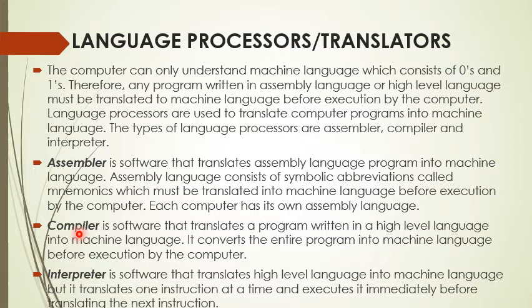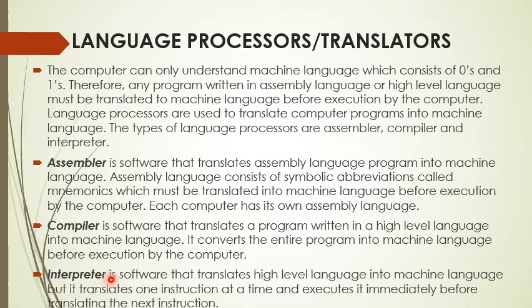A compiler is a translation program which translates your high level language code into machine language code. It converts the entire program into machine language before execution by the computer. First of all, it needs to be converted to low level language, then it goes to the processor for execution.